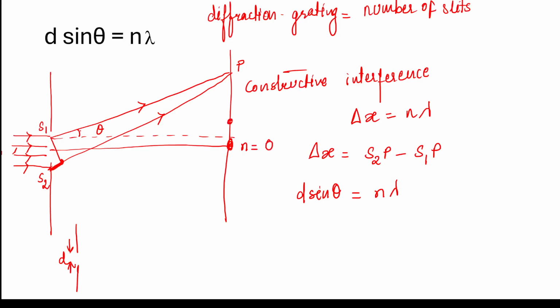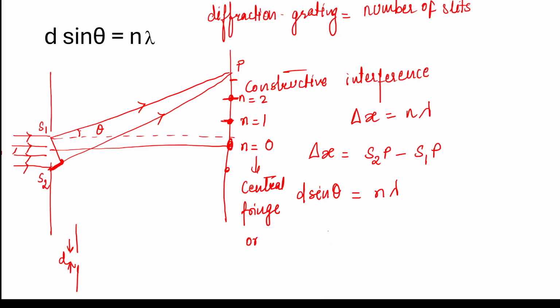And if I put it here, let's say n equals 1, and then n equals 2. So the central one, n equals 0, would be known as the central fringe, or the central maxima. So this is your first order, second order, third order, and so on.